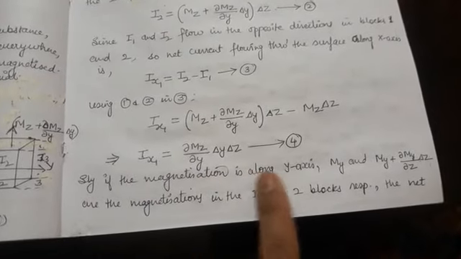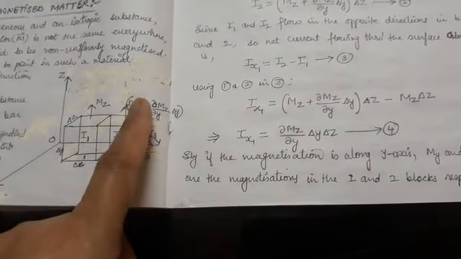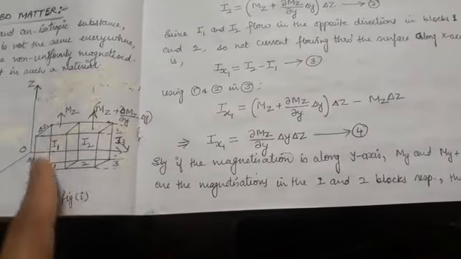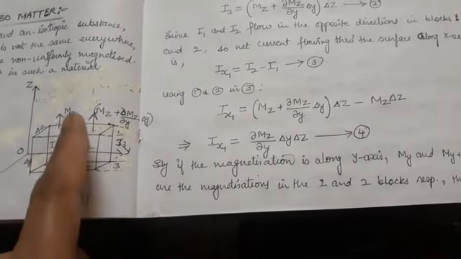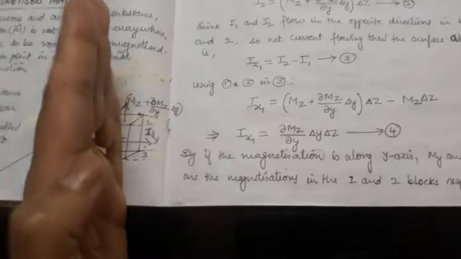Now similarly, this is one case where I have considered the magnetization vector along the z-axis. Such a case I will reconsider if my magnetization vector is along the y-axis. These blocks will now be in the vertical position.